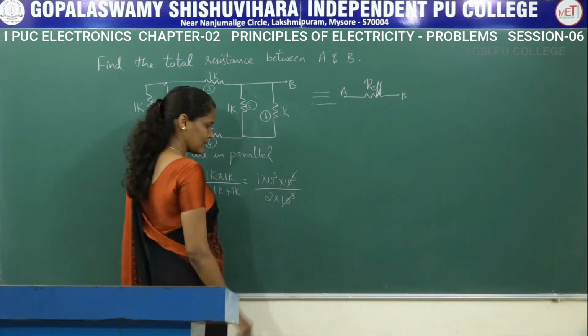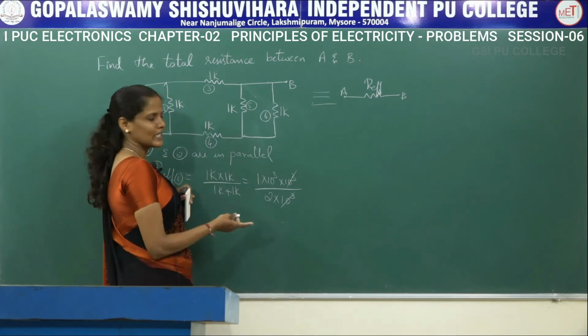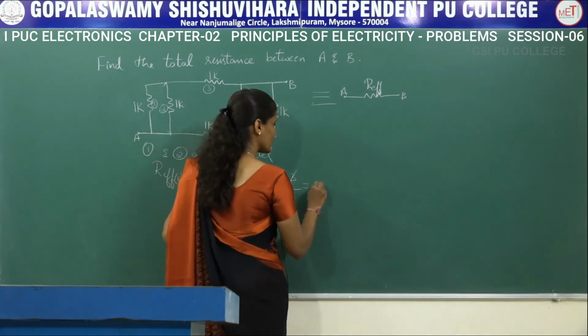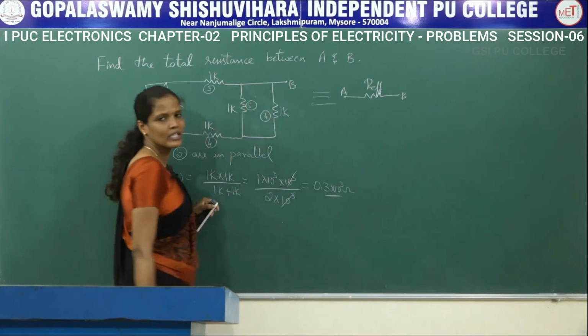So 10 power 3 and 10 power 3 cancel. What remains is 1 divided by 2 into 10 to the power of 3 ohms.